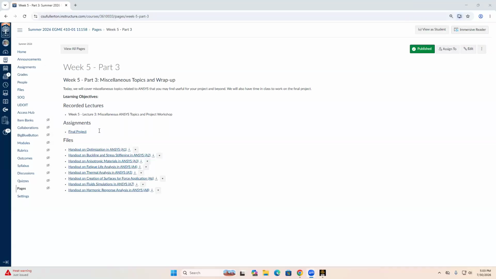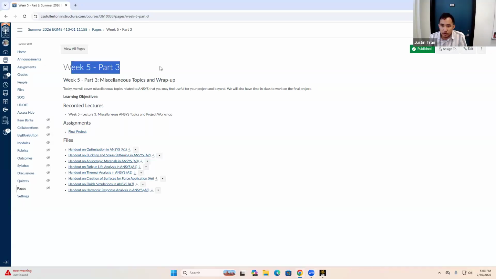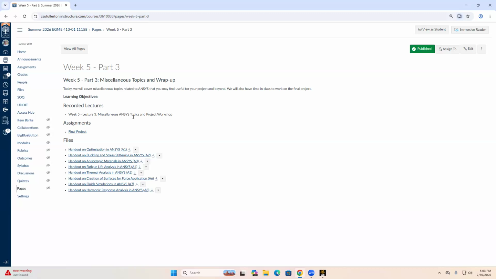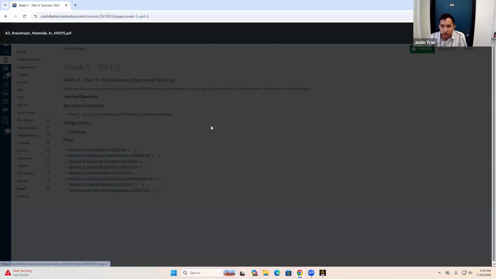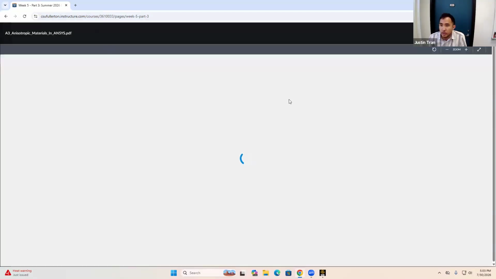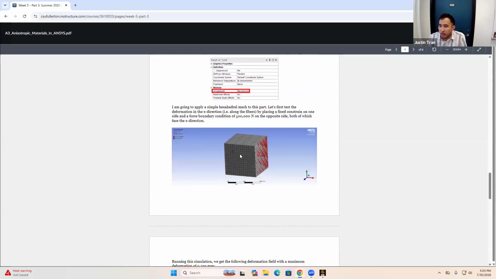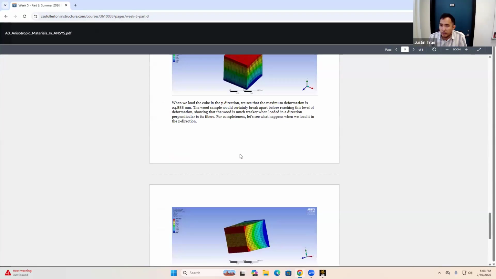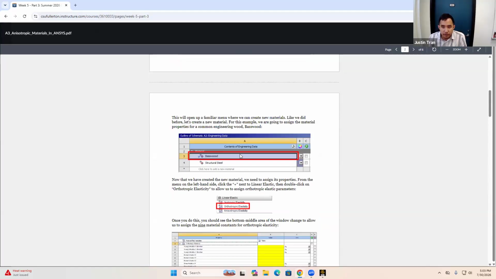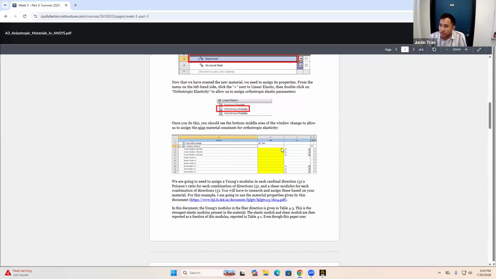Let me share my screen so you can see. If you go to the page for week 5, part 3, you'll see there are a lot of handouts for different niche features in ANSYS. For a 3D printed material like FDM, I think you would want to prescribe it as an anisotropic material, with different material properties in different directions.